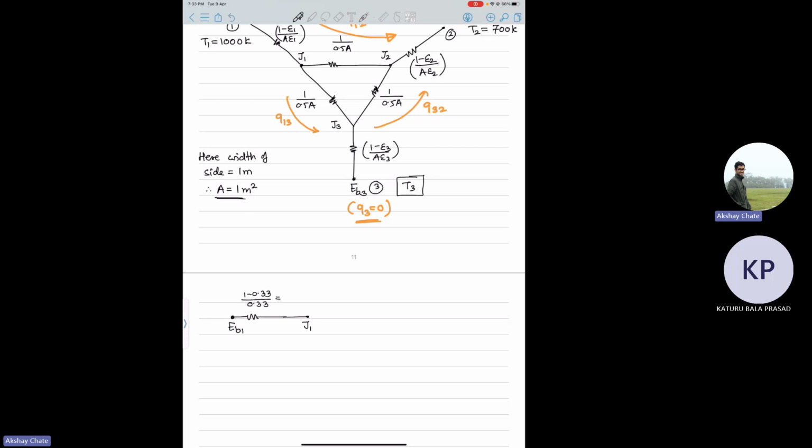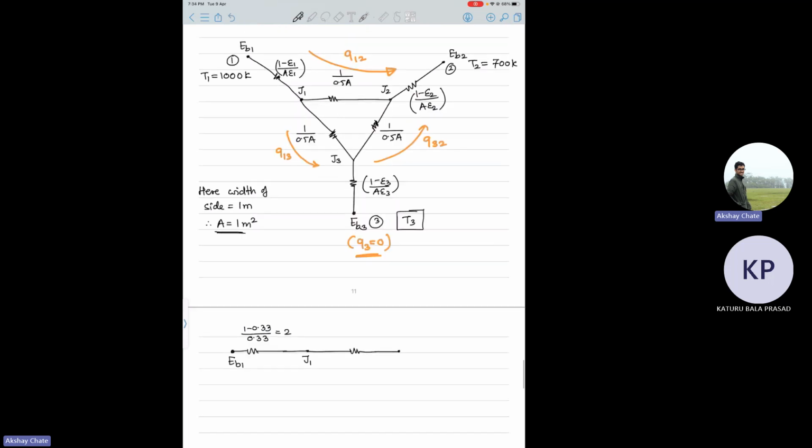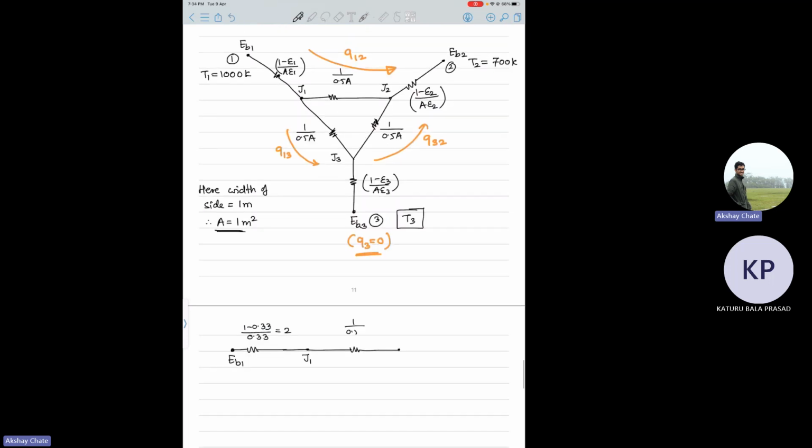This is basically 2 by 3 by 1 by 3, so it will be approximately 2, but let it be. Then we'll have this resistance, which is 1 by 0.5 because A is 1. Then you arrive at J2, and then you go to T2.